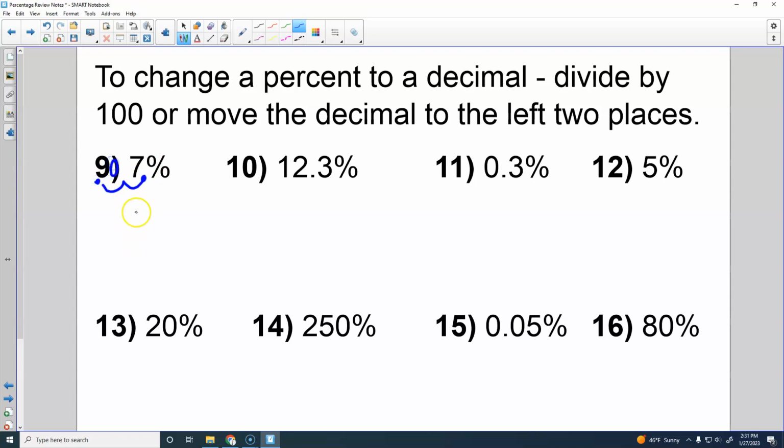I'd fill in a 0 right there, so I'd get 0.07. Okay, if you want to put the 0 out front, you can. You can include it or not. It's okay. So you're just moving that decimal back 2 places to the left. It should be smaller than the percent that you started with. So everybody try these real quick.